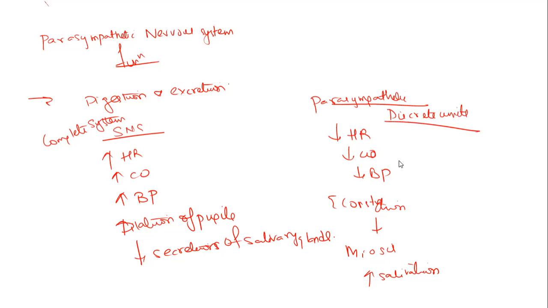All the organs don't work at once, and if they work as a complete unit, then that's not good, and that can lead to organophosphate poisoning.